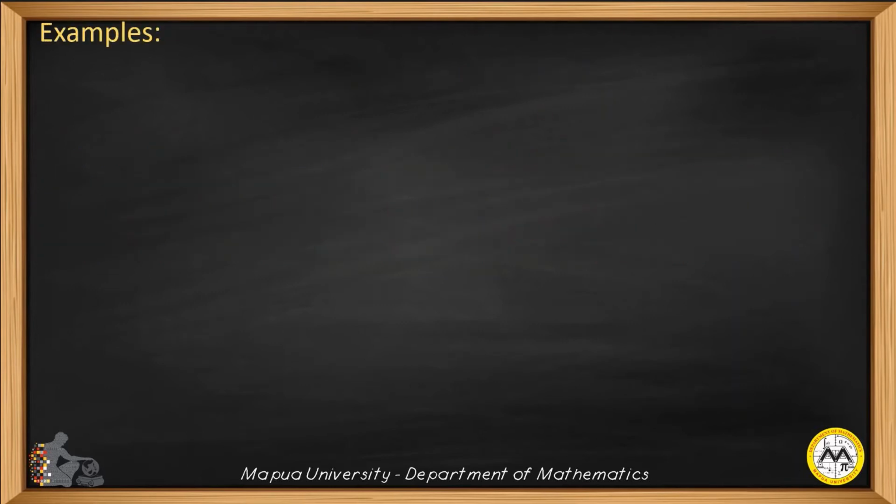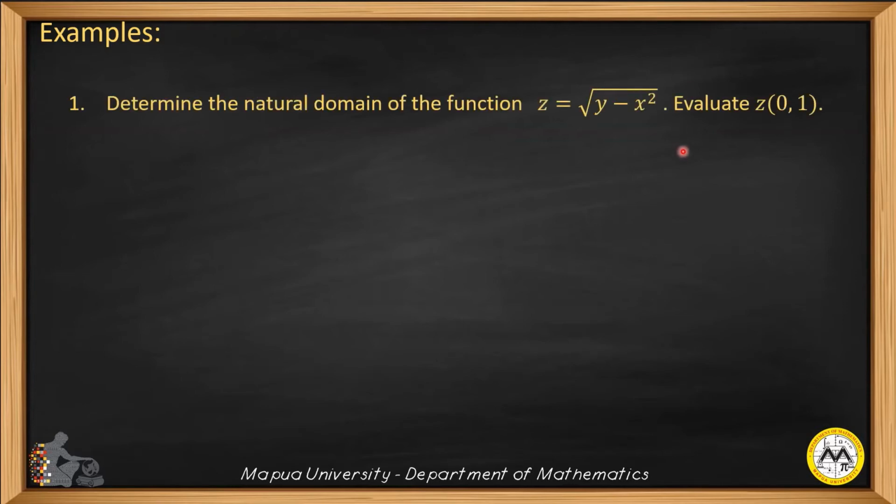So working with a multivariable function, such as in this case, where z is defined equal to the square root of y minus x squared, how do we determine the natural domain of the said function, and how do we evaluate the value of z at x equal to 0 and y equal to 1?